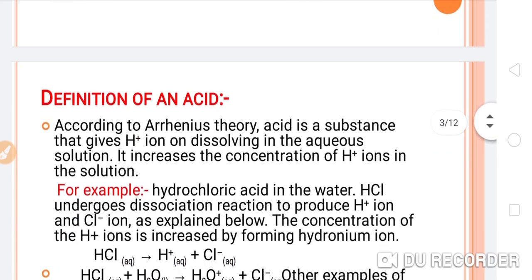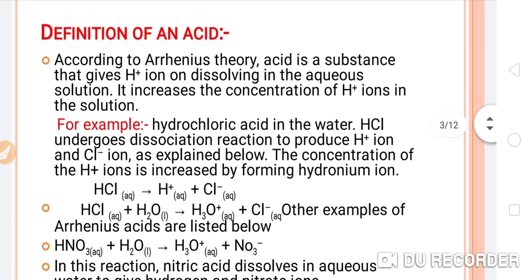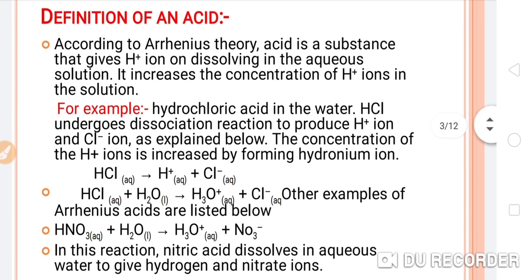So according to Arrhenius, what is the definition of an acid? According to Arrhenius theory, an acid is a substance that gives H+ ions or hydronium ions on dissolving in aqueous solution, that is, water solution. It increases the concentration of H+ ions in the solution.